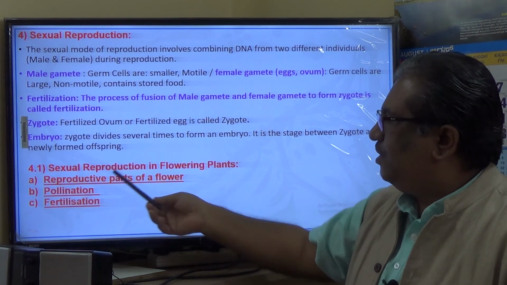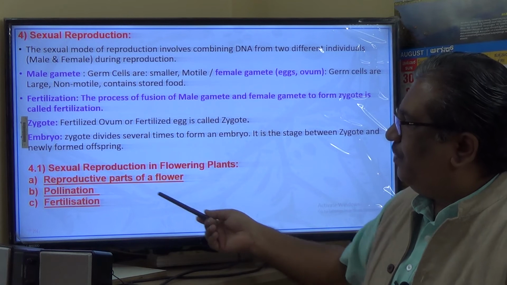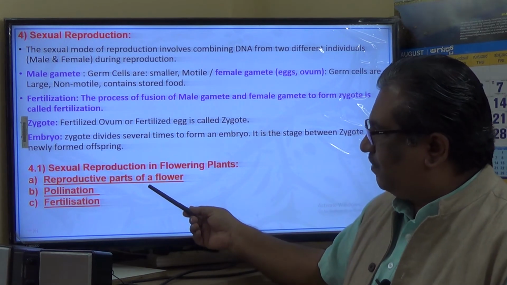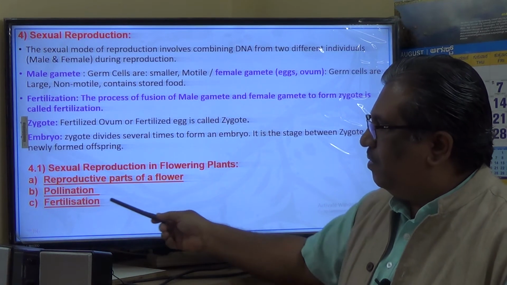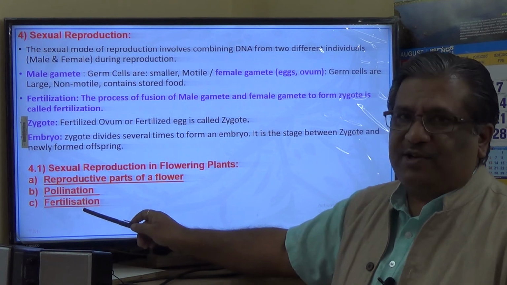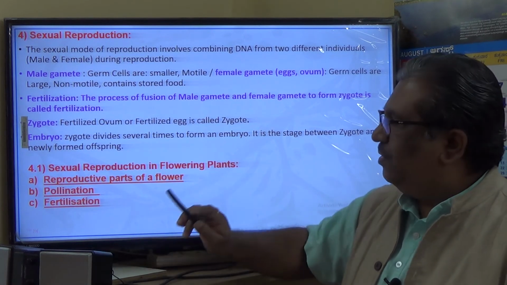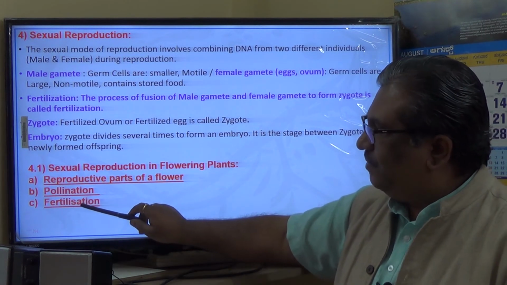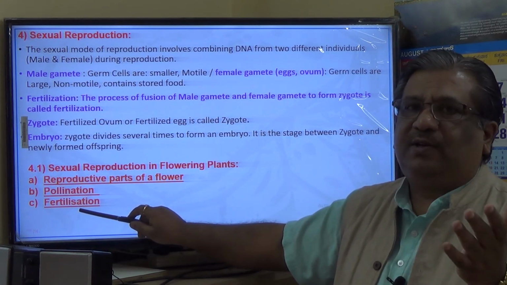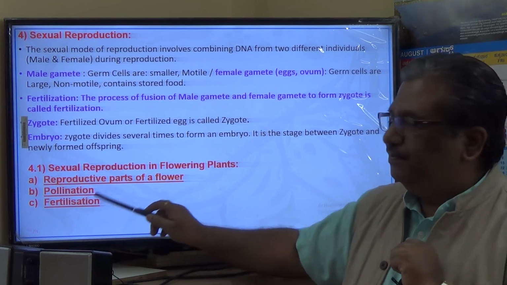Three parts are: let us understand the reproductive parts of the flower; what is pollination; what is fertilization; and also, after fertilization, what happens to the flower? One question generally appears.